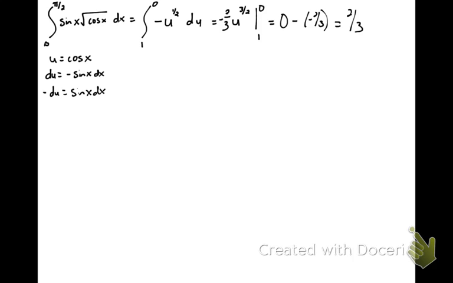There's two problems left for us to consider with u-substitution. The next one we'll do is the integral from 0 to pi sixth of 1 plus sine x cosine x dx.